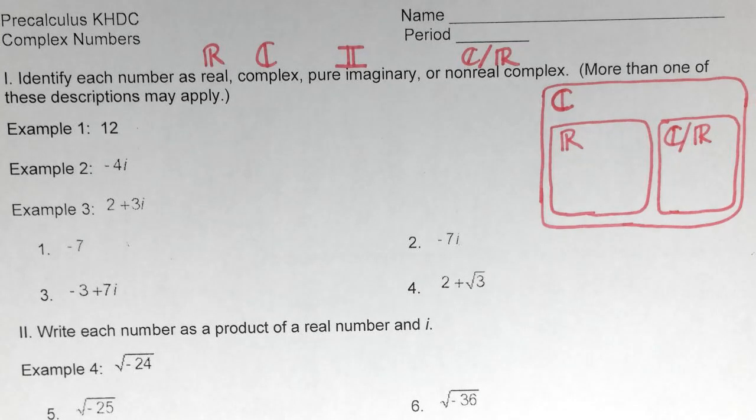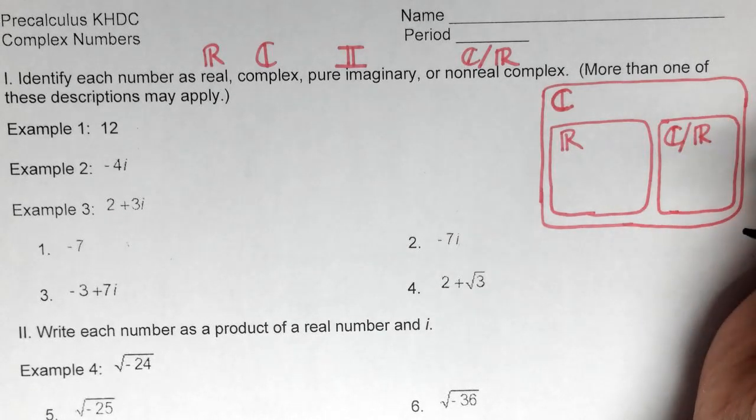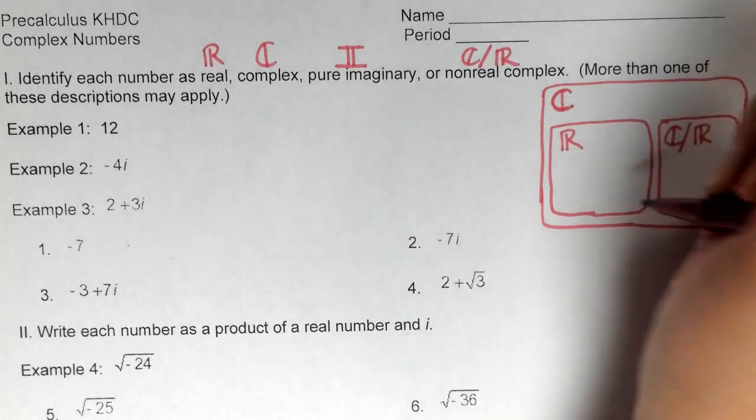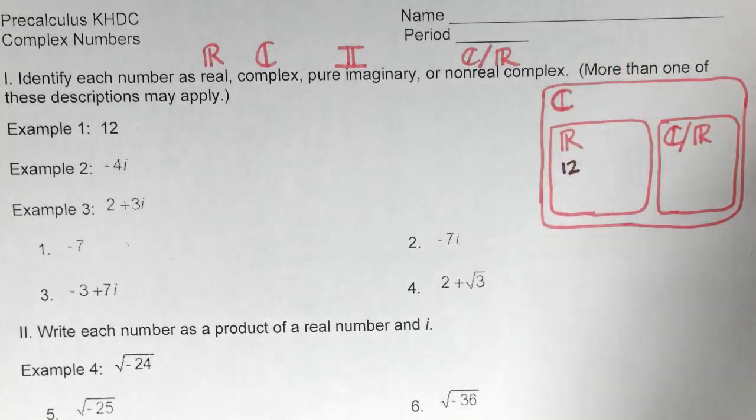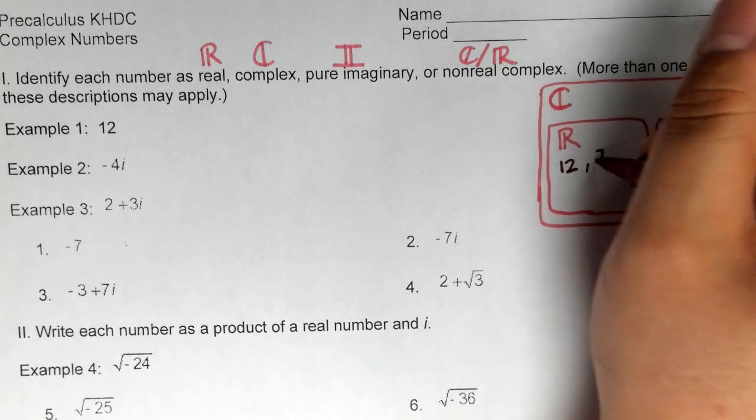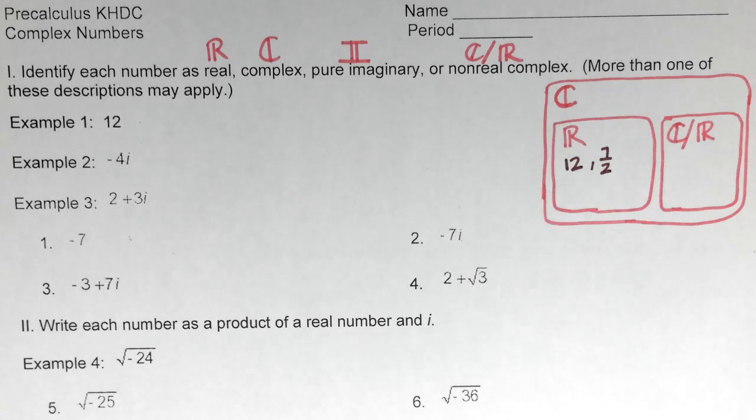Now, a real number would look like what? What's a real number? Yes, you're right, but give me another one. 12. Oh, you have it over there. Or 7 halves, a fraction, or a decimal. Those are all real numbers, right?